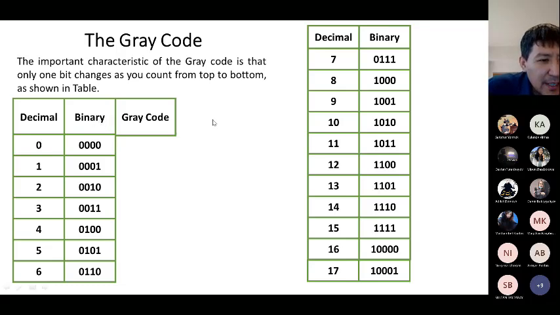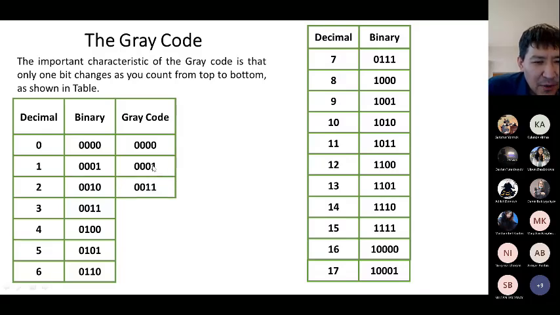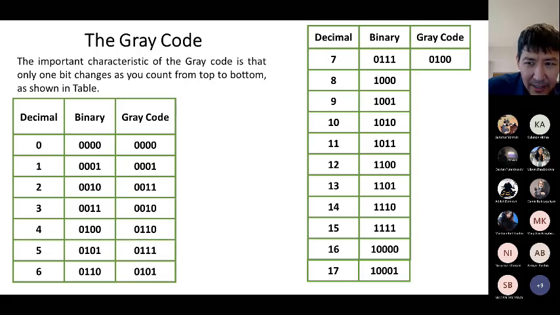For decimal 0, the gray code will also be 0, 0, 0. 1 will be the same, but for 2 you can see it's different because we change only one bit. For example, in binary you change 2 bits, the least significant to 0 and the next to 1, but here you just change 1 bit. So you can continue. So it is a gray code.